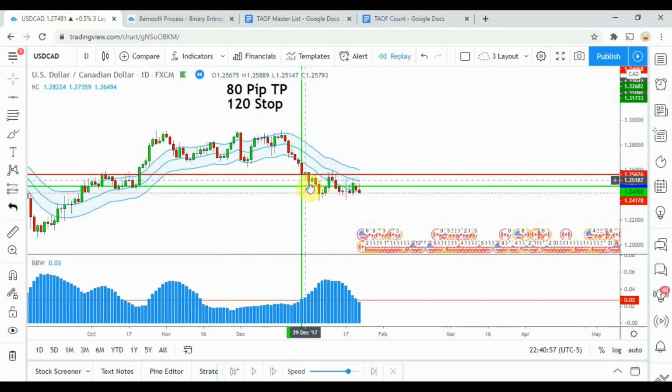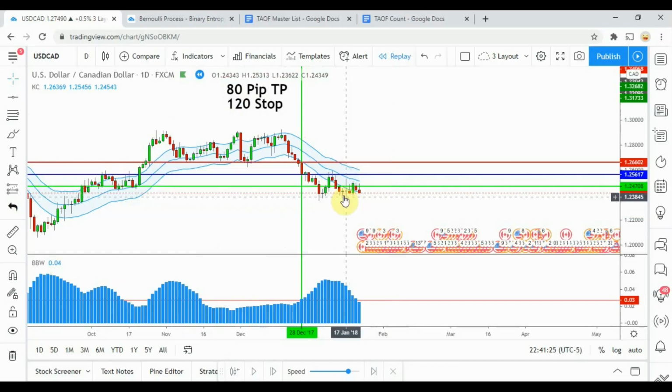In this case, on this big green candle right here, price action would have come back and stopped us out for the rest of our position right at break even, costing us nothing. We would have banked 80 pips and moved on looking for the next entry, which would have taken place right here on this candle.